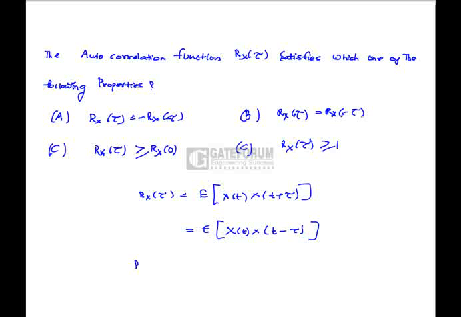So if we take Rx of minus tau, it is equal to Rx of tau, meaning whether you advance the sequence or delay the sequence, you get the autocorrelation function. That means property B is correct, hence the answer is B.